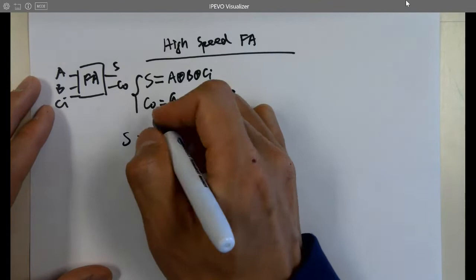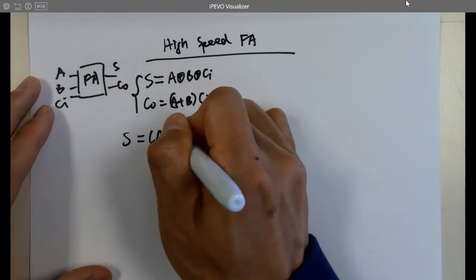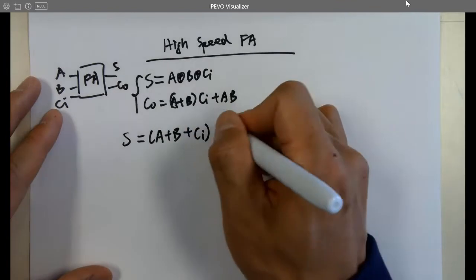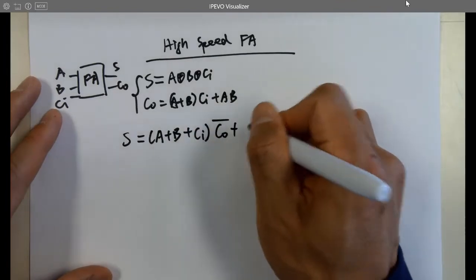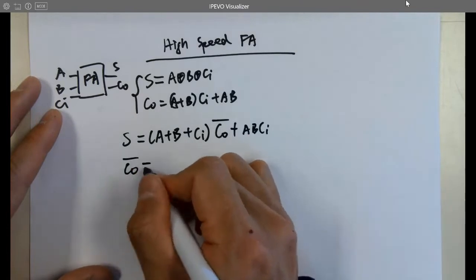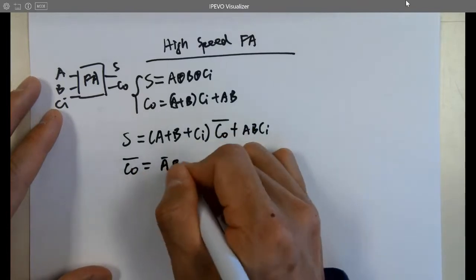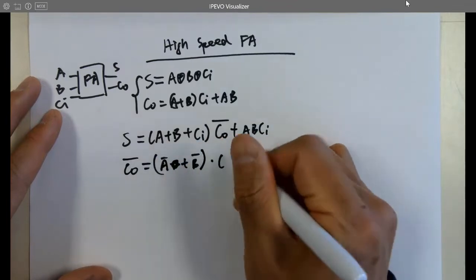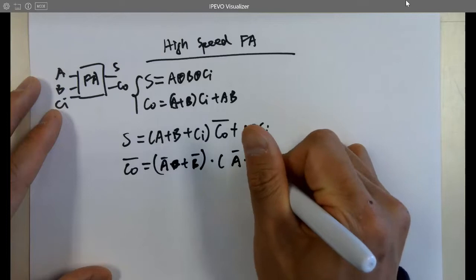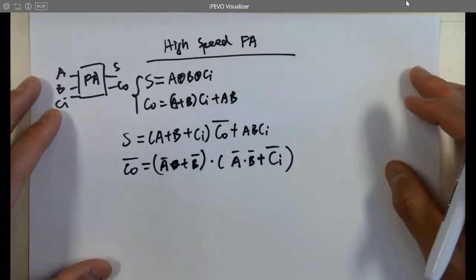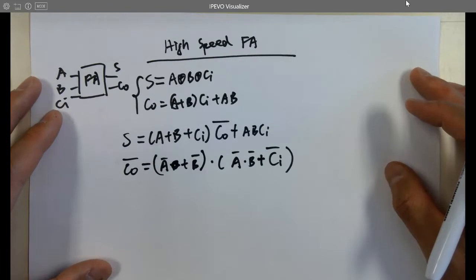S equals A or B or Ci, Co not, or ABCi. Co not equals A not or B not, and A not and B not or Ci not. That's a high speed one.